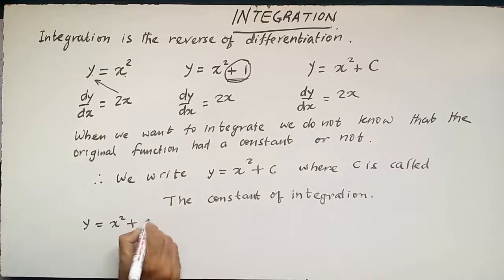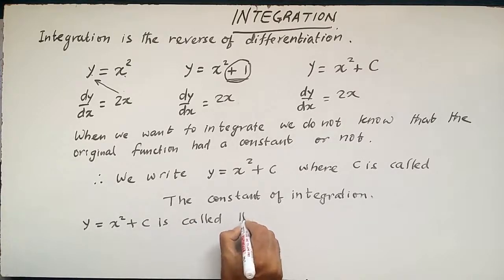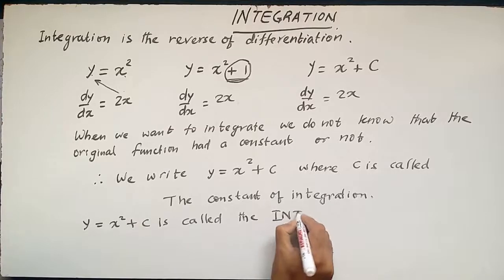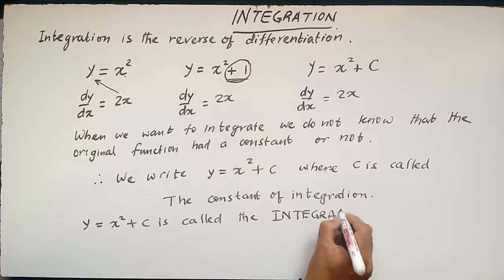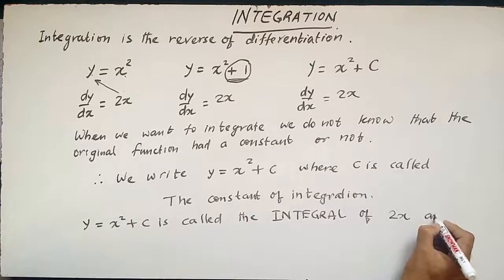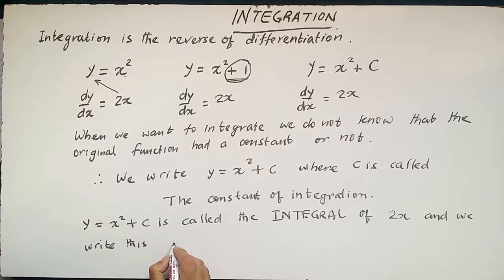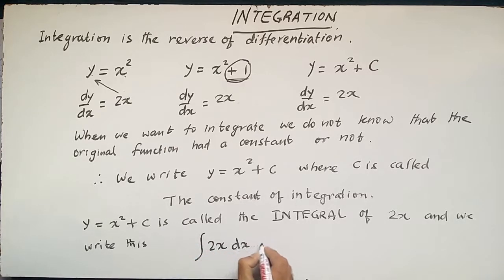y is equal to x squared plus c is called the integral of 2x, and we write this as the integral of 2x dx is equal to x squared plus c.